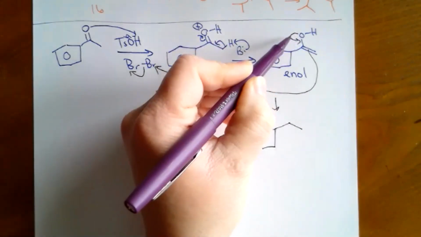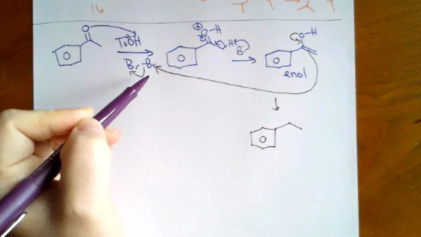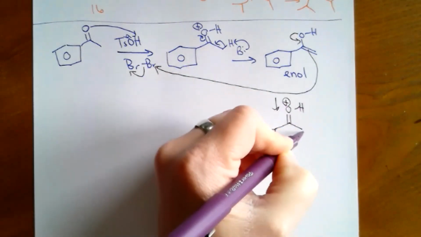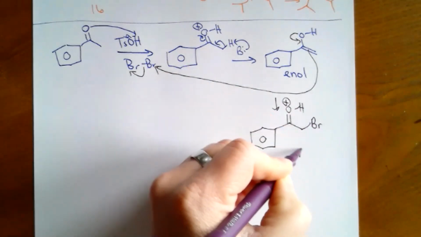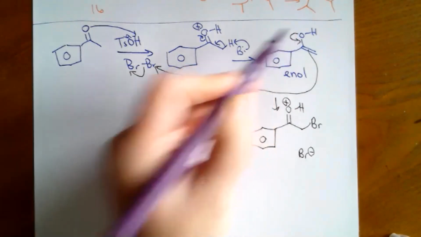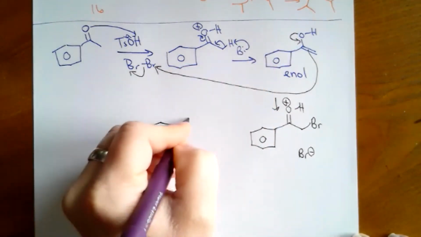I folded down electrons at the same time as attack so that I could get to this version. But if you did not fold down electrons at the same time, you would get a structure that looks like this.